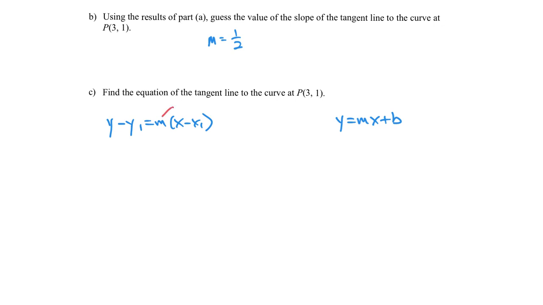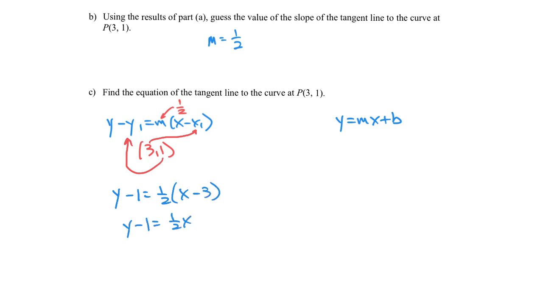So in this case, if I use this technique, I'm going to plug in 1/2 here. And the point I use is the point (x1, y1). So 3 goes in for x1, 1 goes in for y1. So then we're going to get y minus 1 equals 1/2 times (x minus 3). Y minus 1 equals 1/2 x minus 3/2, right?